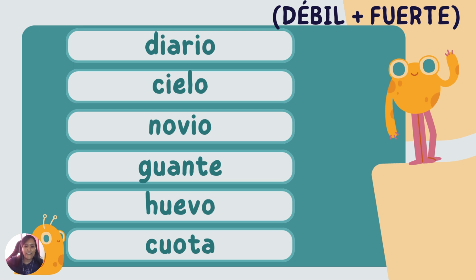So this is gonna be the challenge for you. I recommend you to first identify where the diphthong is, and then try to separate the word into syllables, blend the word, and then pronounce it. Pronounce it first really slow, and then you speed it up.